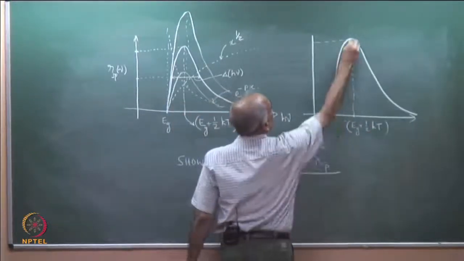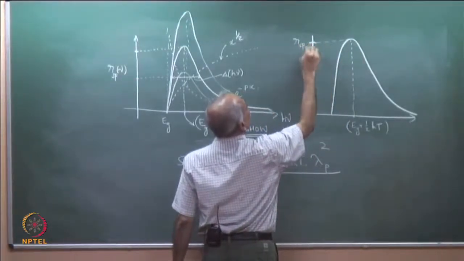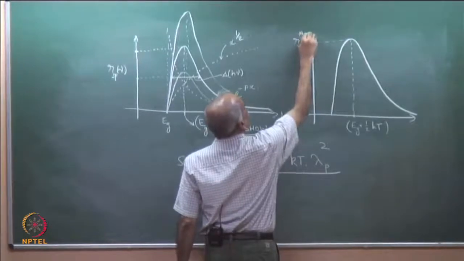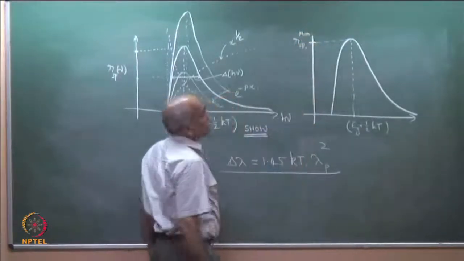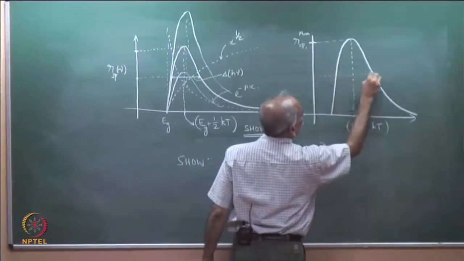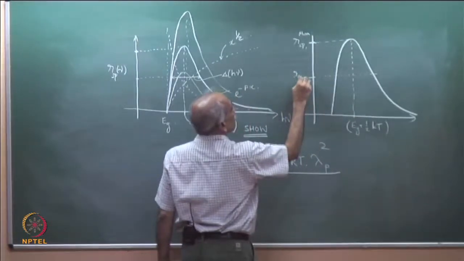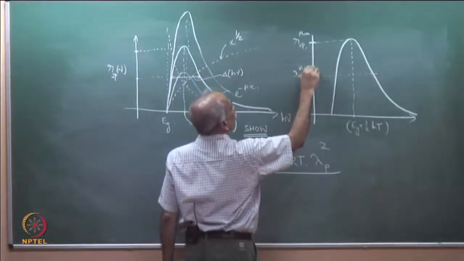Substituting this value, you know what is the maximum value, RSP max. So, where RSP max becomes half, this is the value where this is RSP max by 2.